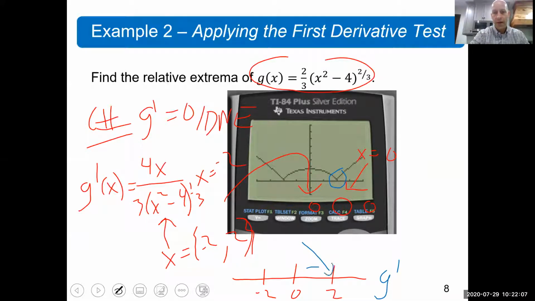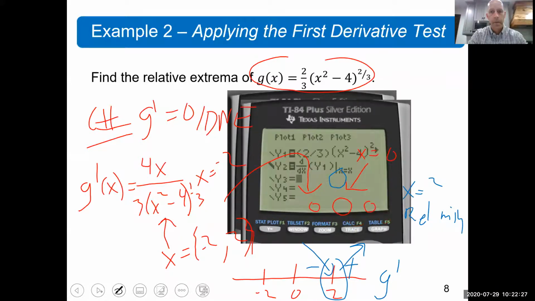That tells us that g is decreasing. And then over here g prime was positive, so it's increasing. So guess what this turns out to be? So x equals 2 is a relative min. Okay, moving on. By the way, there's 3 answers there.